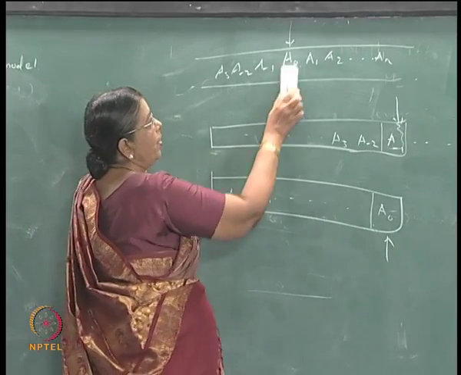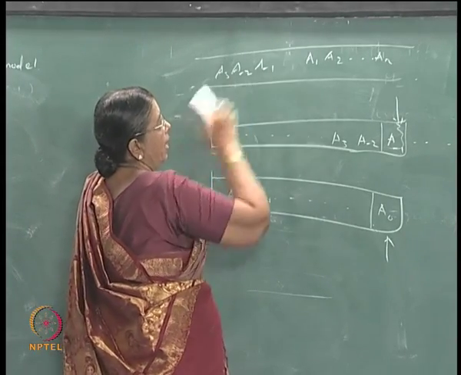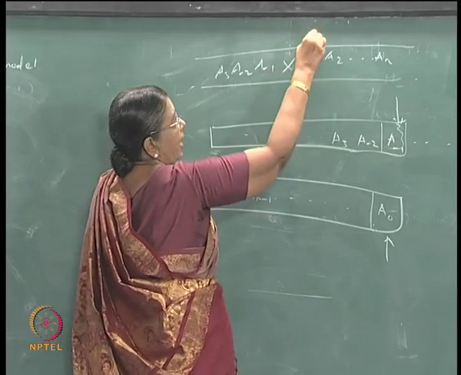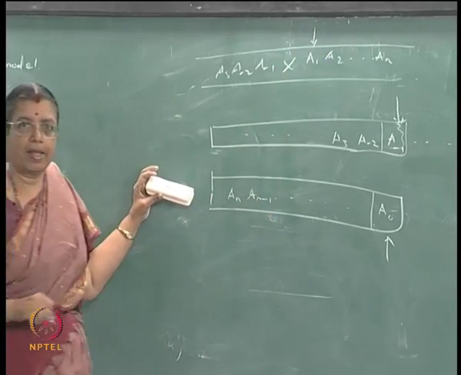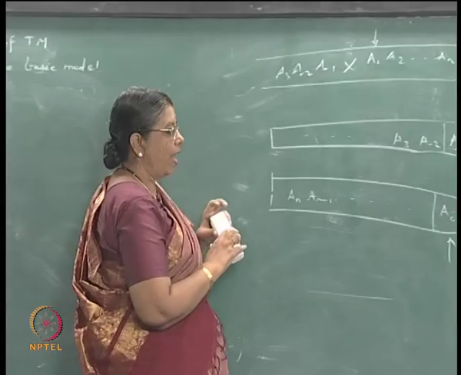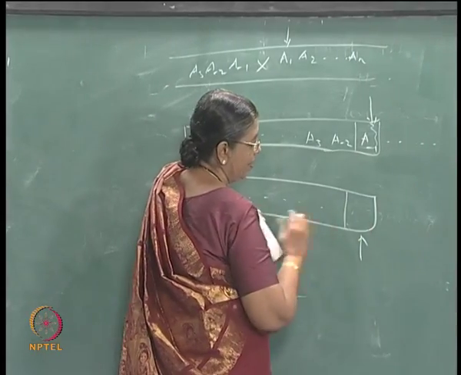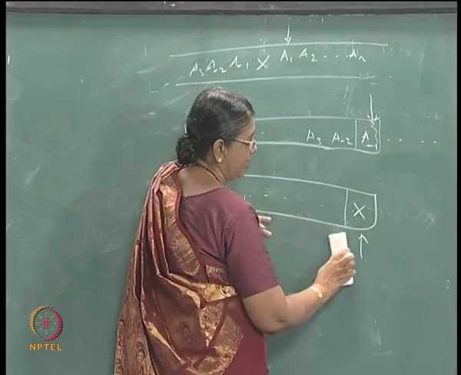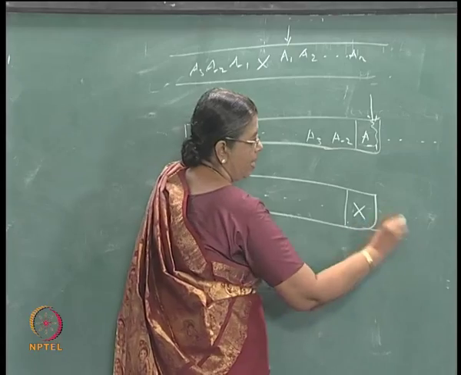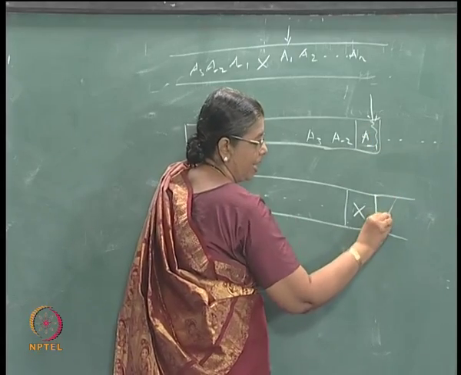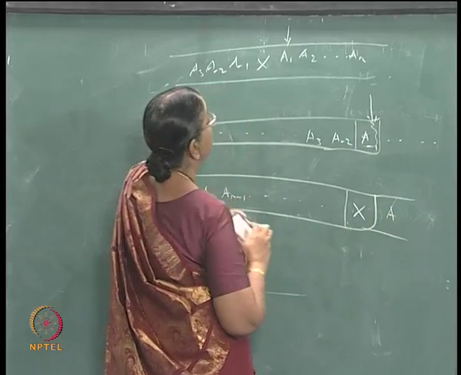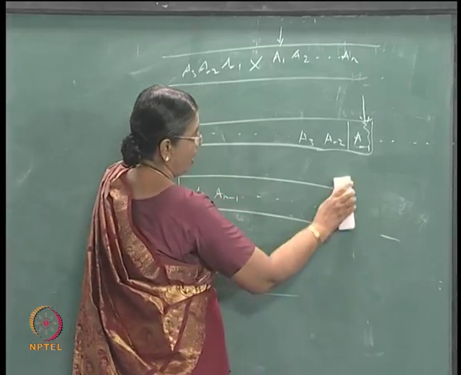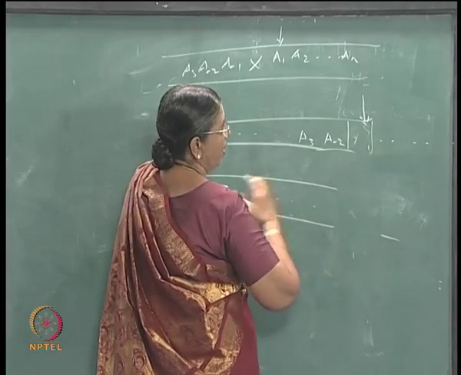Suppose the next move it prints an X and moves right. So, what will happen is this will print an X and then this will be transferred here, it goes to A1.